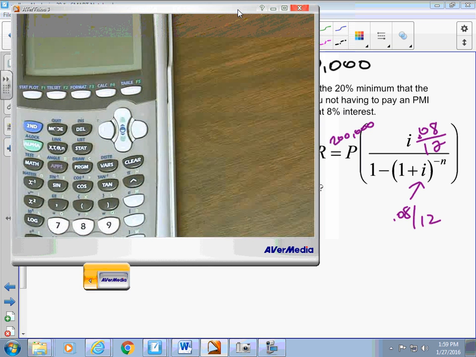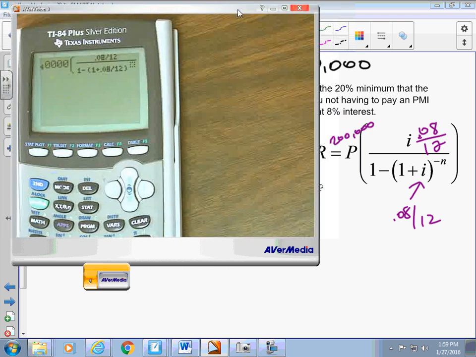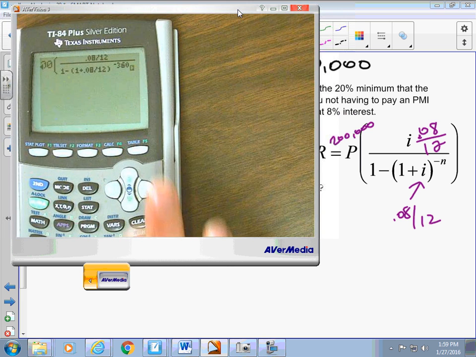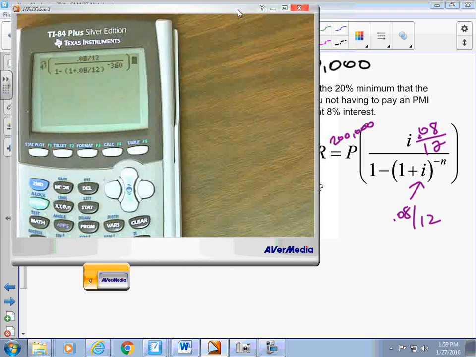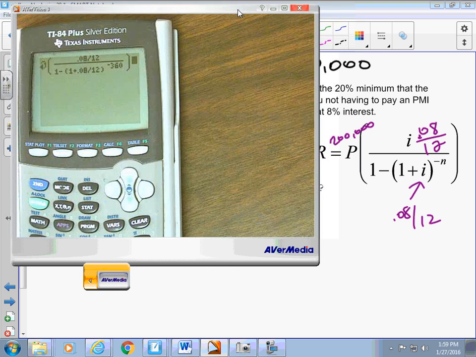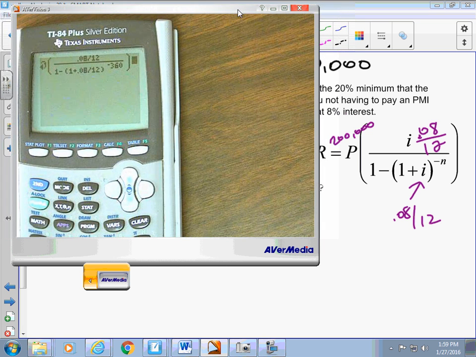On the bottom, I'm going to do 1 minus, open parentheses, 1 plus 0.08 divided by 12, close parentheses, to the negative 360. So I'm typing it exactly like it looks up there, but with the numbers plugged in. Push enter.